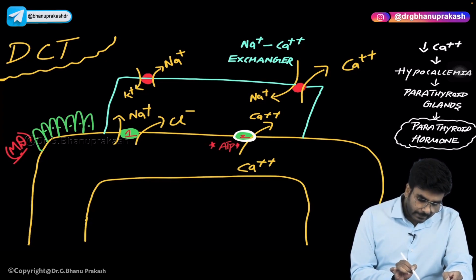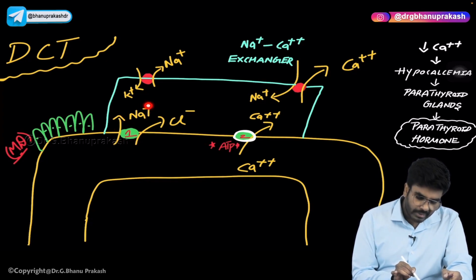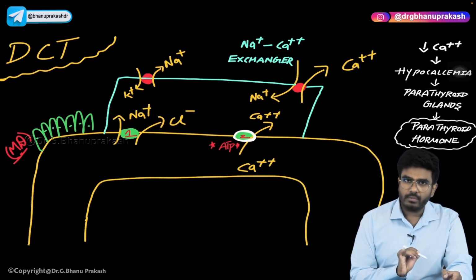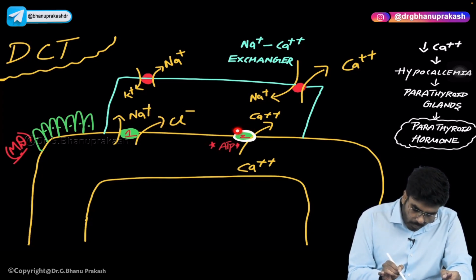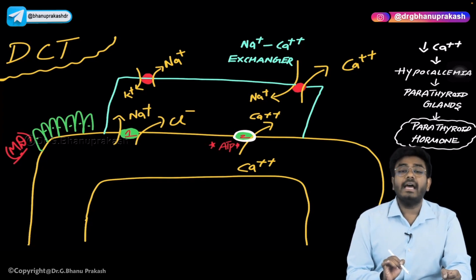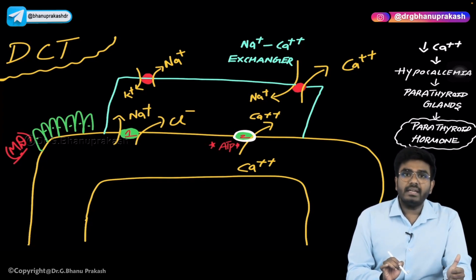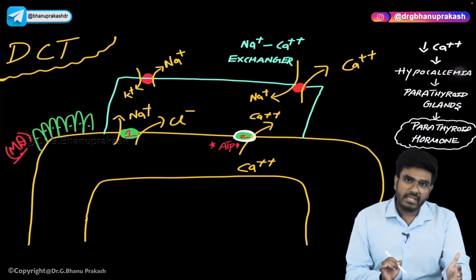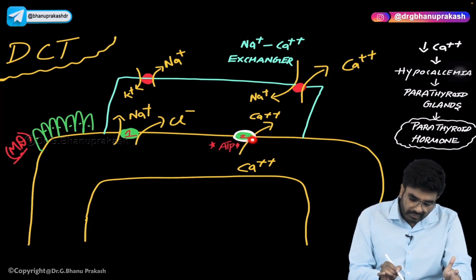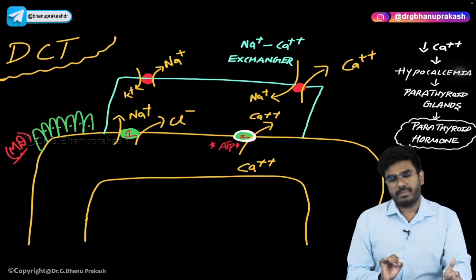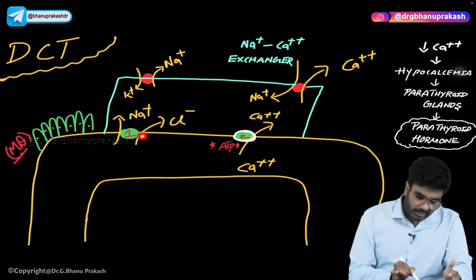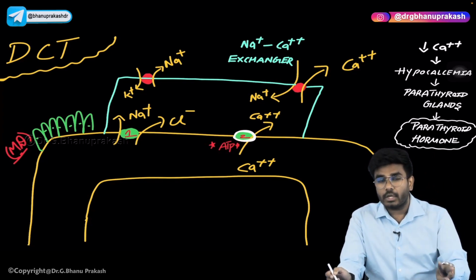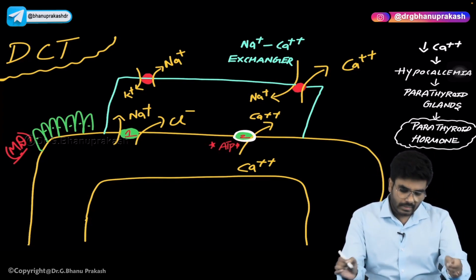Okay. See, here the first transporter is the sodium chloride symporter. Sodium ions as well as chloride ions are being reabsorbed together. Now there is one more transporter, which is called TRPV5. We have discussed this transient receptor potential vanilloid calcium channel. Okay. So TRPV5 uses ATP and helps in reabsorption of calcium. Now these two transporters, number 1 as well as number 2, both of them are present on the luminal membrane.